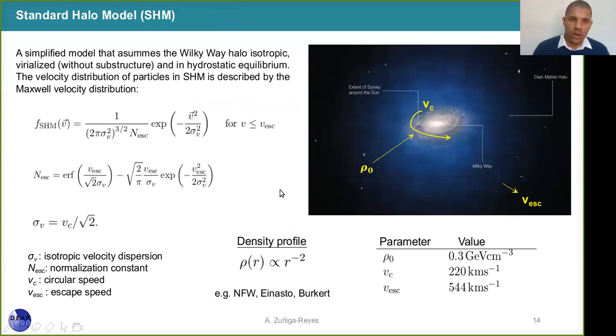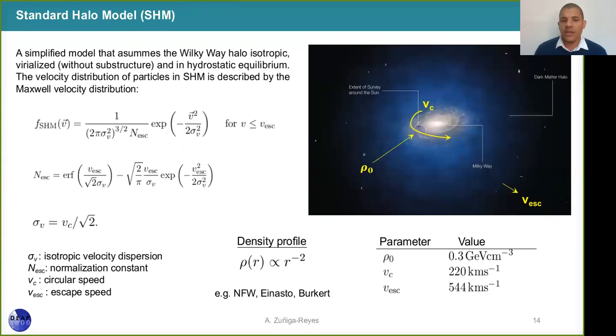Just to do a quick recap, the standard halo model is the simplest model that we use to help describe the Milky Way halo. It is assumed isotropic, without substructures, in hydrostatic equilibrium, and it also considers that the velocity distribution of the particles follows a Maxwell-Boltzmann distribution.